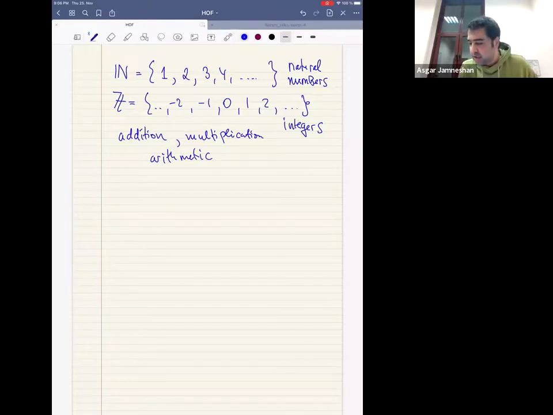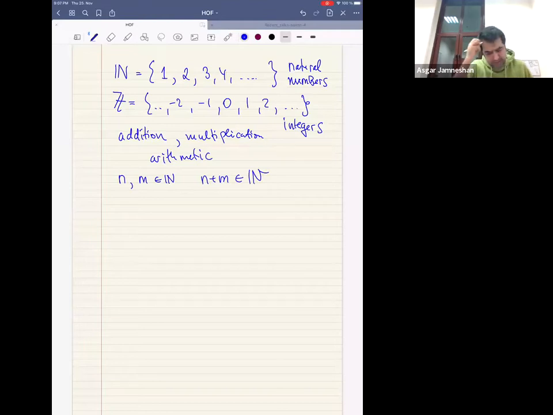All right. So now, in terms of mathematics, these operations of addition and multiplication satisfy certain properties. For instance, if we take two natural numbers, say n and m, we can add them together and we get another natural number.